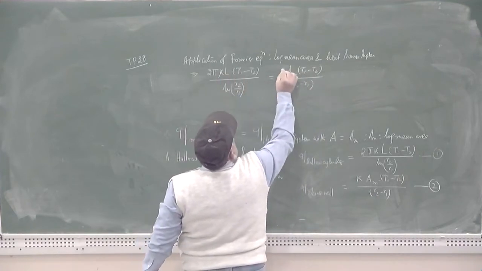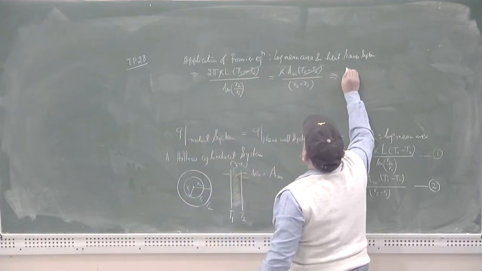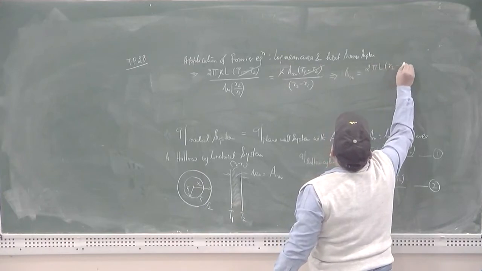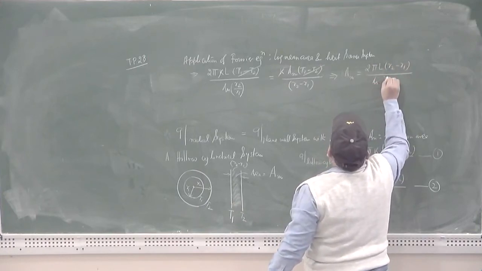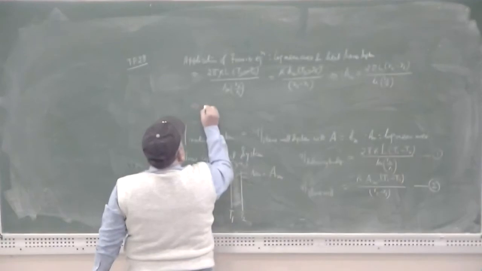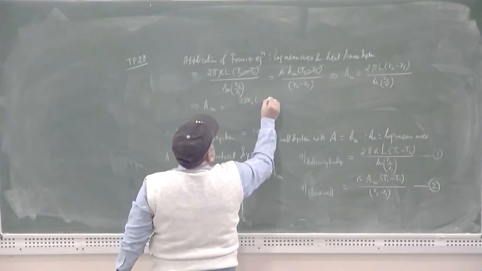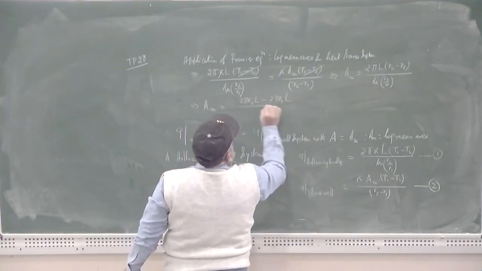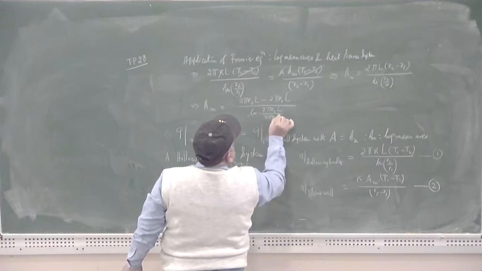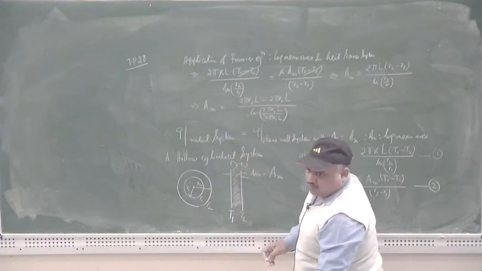This K will get cancelled out, this T1 minus T2 will get cancelled out, and the expression for AM comes as 2 pi L (R2 minus R1) divided by ln R2 upon R1, or this can be further written as AM is equal to 2 pi R2 L minus 2 pi R1 L divided by ln of 2 pi R2 L divided by 2 pi R1 L. This is the curved surface area of the outer cylinder.